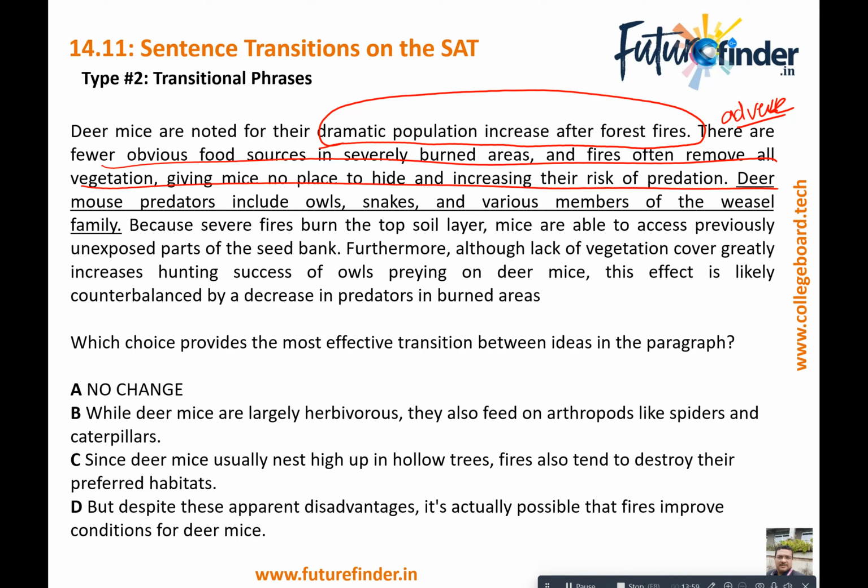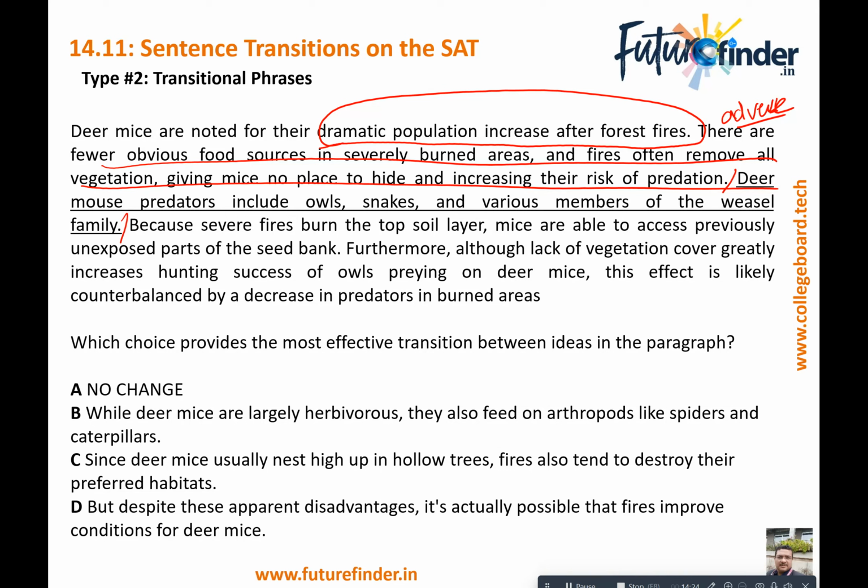Okay, fine. Deer mouse predators include owls, hawks, snakes, and various other members of the weasel family. So this is the portion that we are looking to replace. Because severe fires burnt up the topsoil, mice are able to access previously unexposed parts of the seed bank.